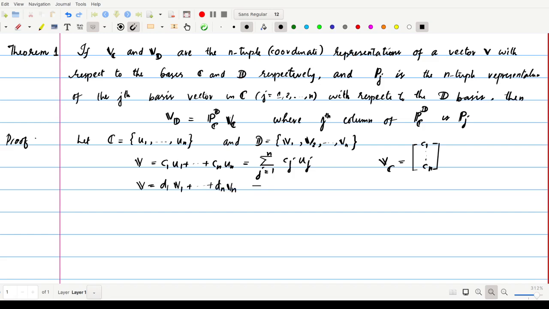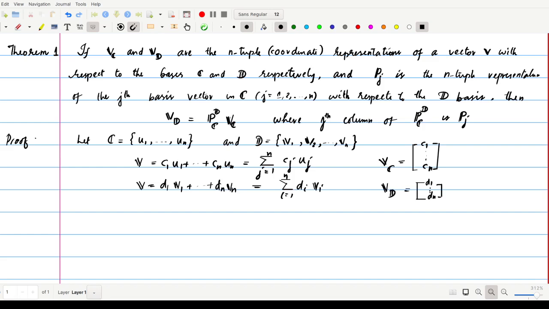Using summation notation, this is equal to the sum from i equals 1 to n of di vi. From this expression you can write the coordinates of V relative to the basis D consisting of the vectors v1, v2, etc., vn, and that is equal to the matrix d1 etc. dn.